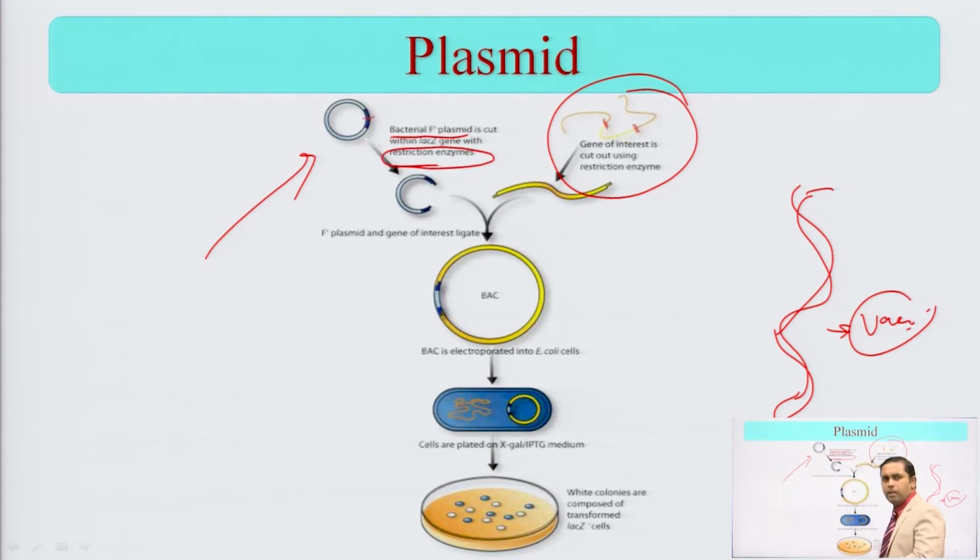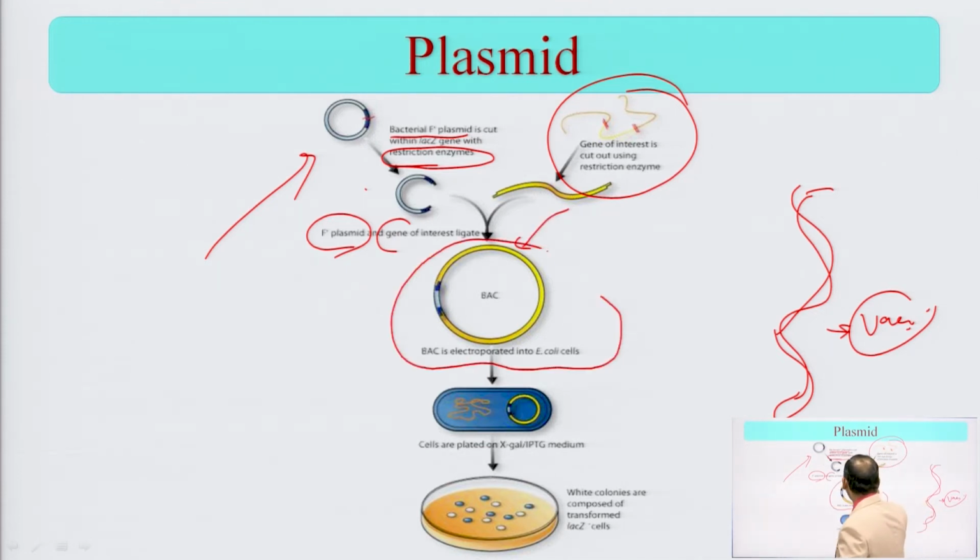What is a restriction enzyme? I am going to tell you in my upcoming slides. Then the F plasmid and gene of interest will be inserted together, like this. Now this will be called a BAC, bacterial artificial chromosome. It will be electroporated into an E. coli cell. This is E. coli, this is E. coli.